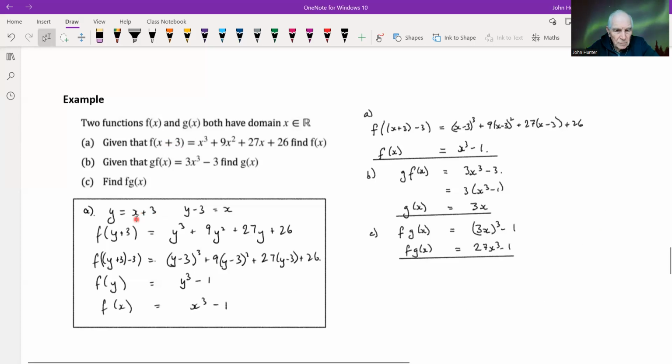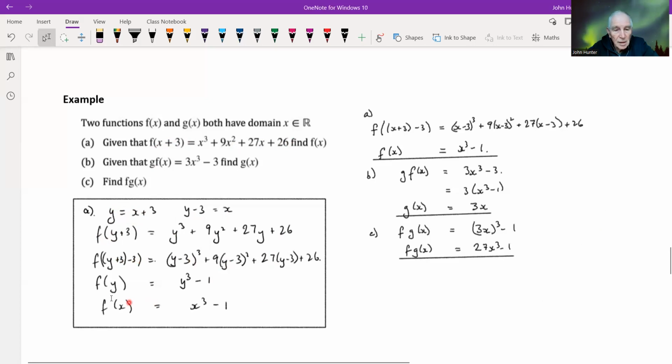I mean, if you're not convinced, you could think of it like this as an alternative solution in this box. y equals x plus 3, therefore y minus 3 equals x. So if we just write this out with y's in instead of x's, we get this. And then we'll just do what I've done really, and subtract 3.